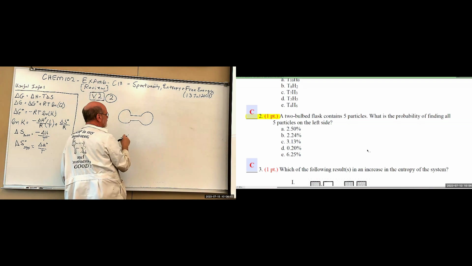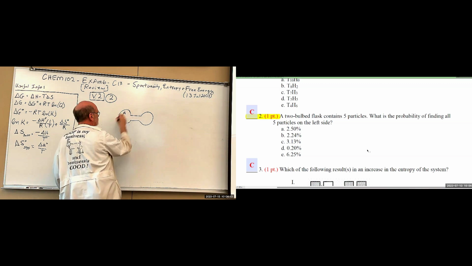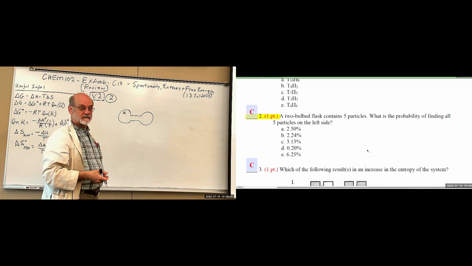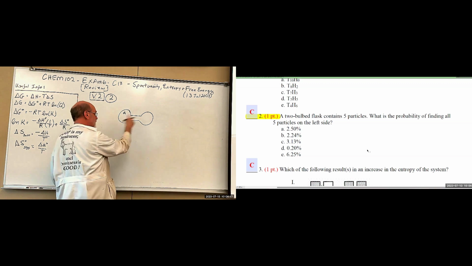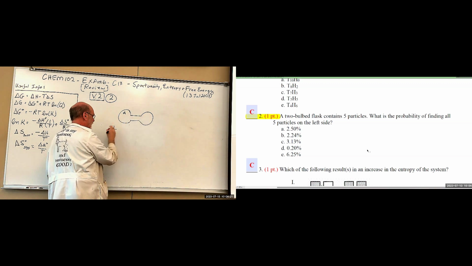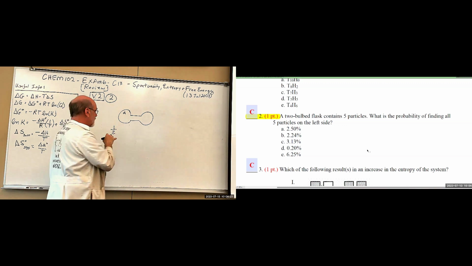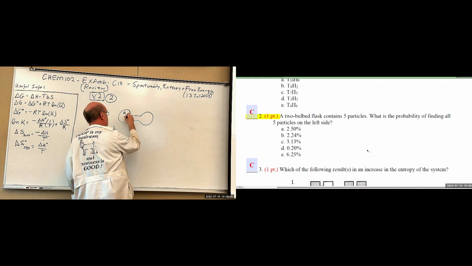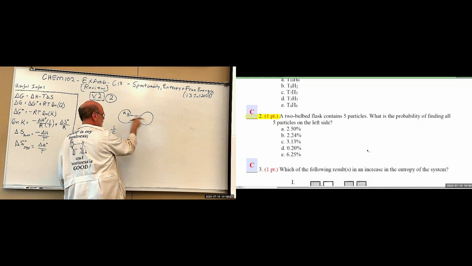Well, what's the probability of finding, say, A on one side? It's either going to be over here or over here, right? So it's 1/2 probability. What's the probability of also finding B over here? Well, it's 1/2 also.